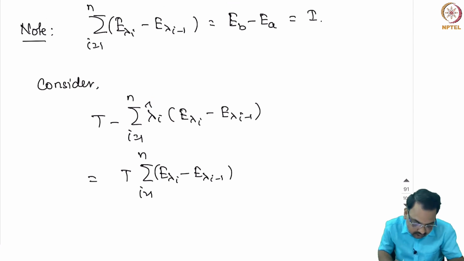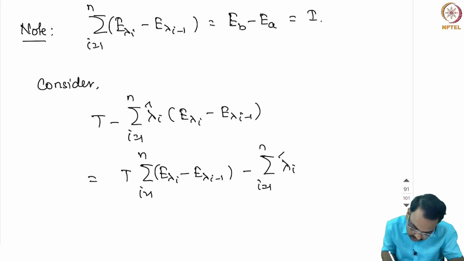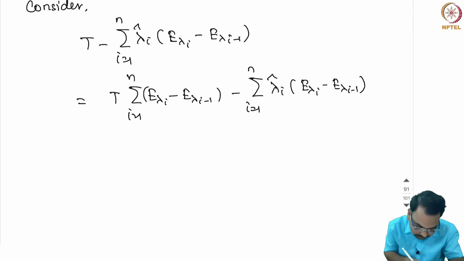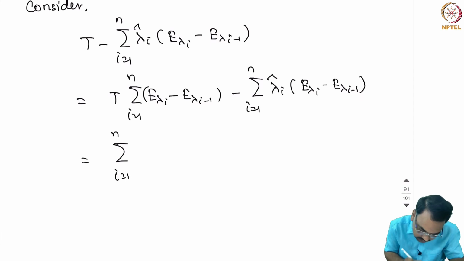Because this summation is identity operator, this is T minus summation i equal to 1 to n lambda i hat E lambda i minus E lambda i minus 1, and this we can write as summation i equal to 1 to n of T minus lambda i hat identity.